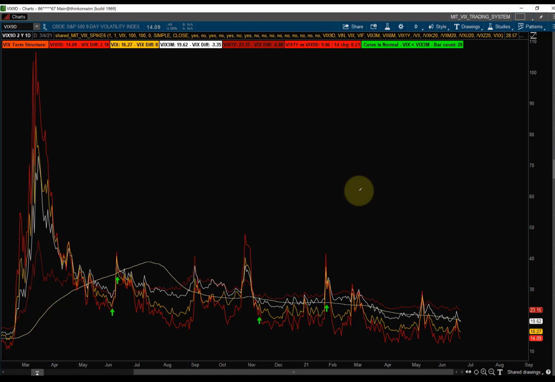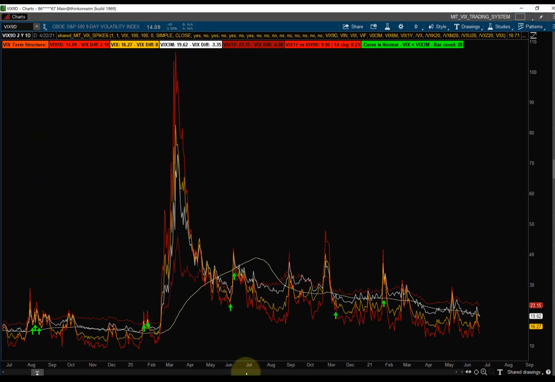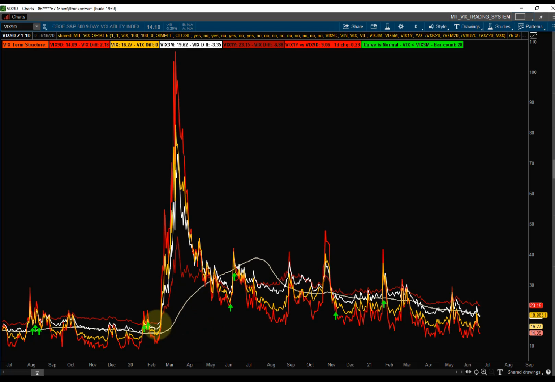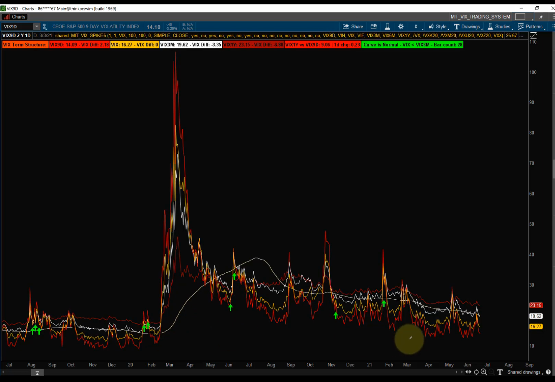So let me end it here with our VIX trading system. Our VIX trading system constantly monitors VIX term structure. And it's waiting around for these buy signals. We haven't got a buy signal just yet.